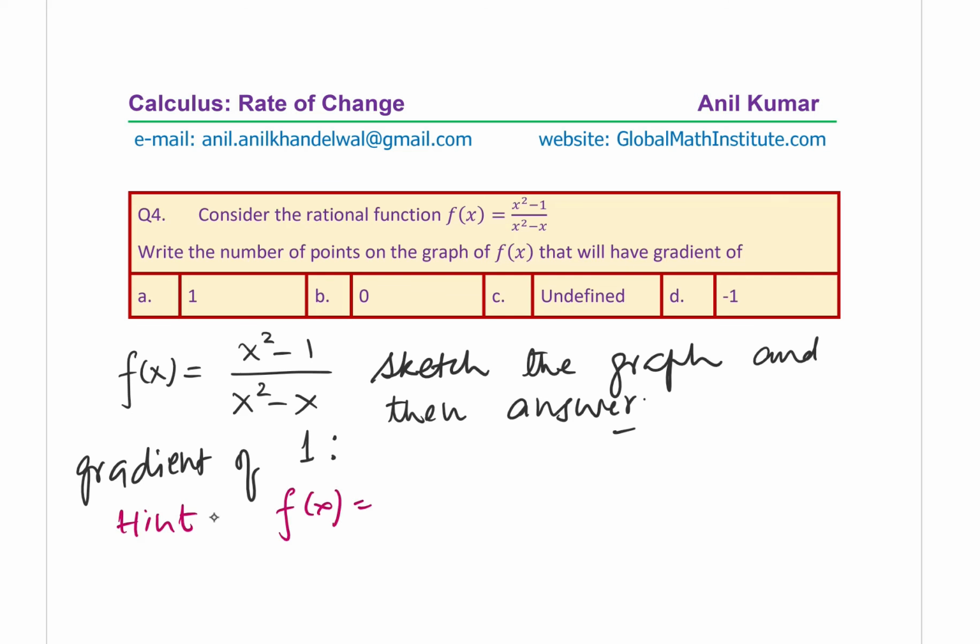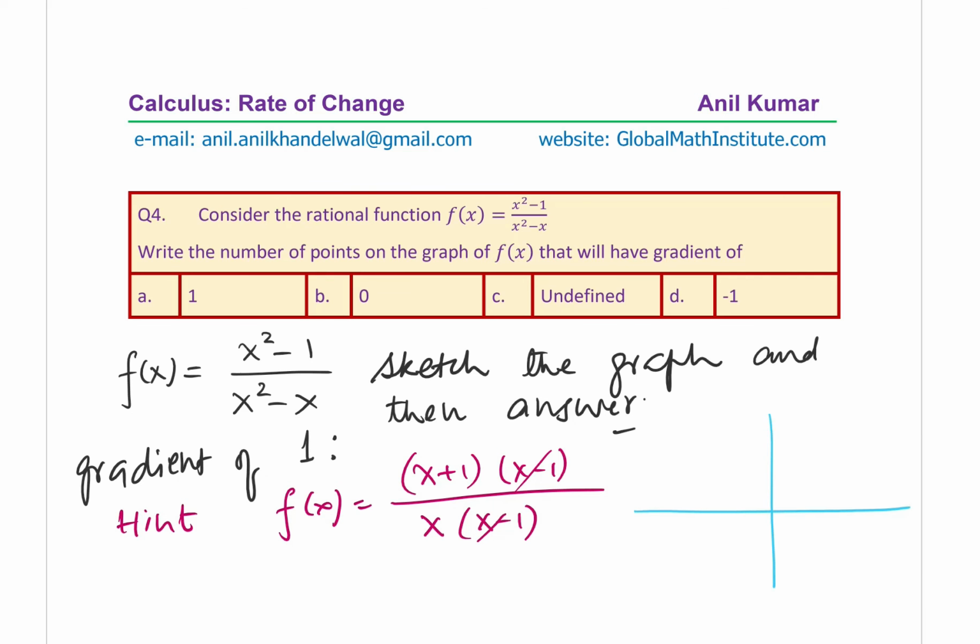So you could write this as x plus 1 times x minus 1 over, we can take x common, x minus 1. And now many terms will cancel, and therefore you can write down the restrictions and sketch your graph, right? So you could now easily sketch your graph from the given conditions. So that will be a kind of hint for you, and you can then answer all your questions.